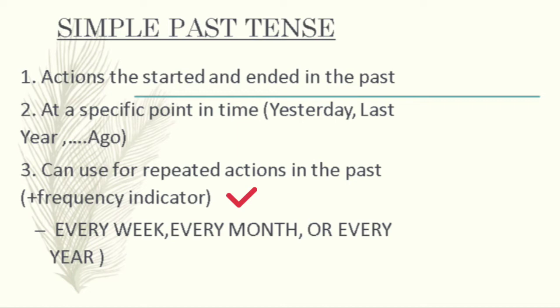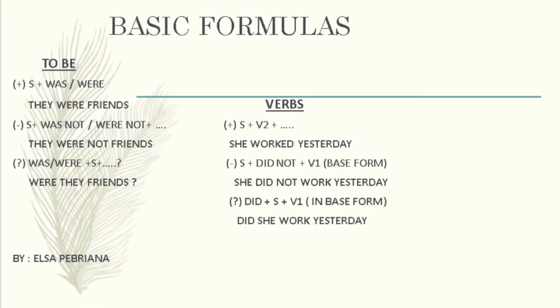For example, I just mentioned every week, every month, every year. Frequency means how often, an indicator, so how often you did that. You can use repeated action with the past tense to show something you did a lot in the past.